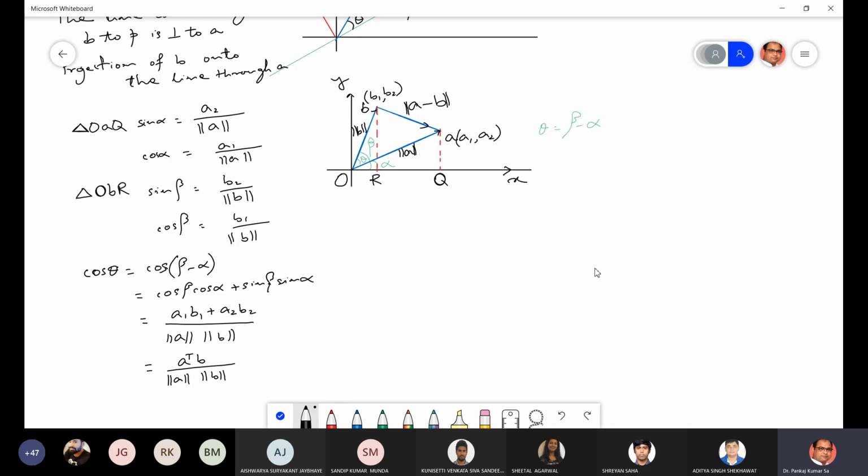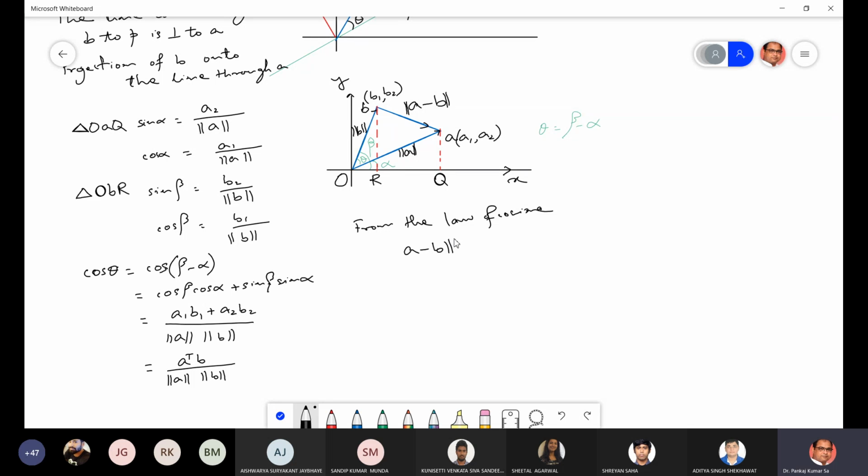And the same thing can also be obtained from the law of cosines. From the law of cosine, this is what you can also obtain.